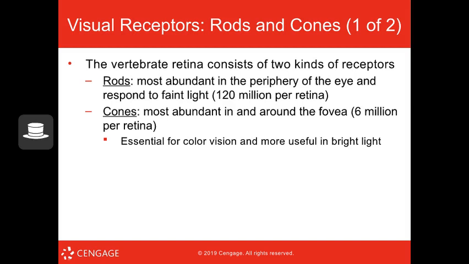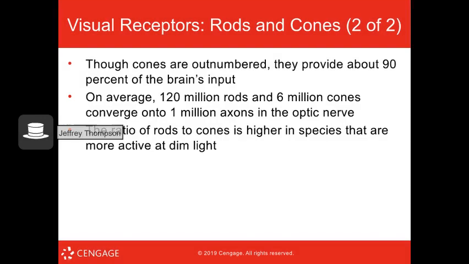You have about 120 million rods. You have about 6 million cones. So even though there are more rods, cones provide about 90% of the brain's visual input.